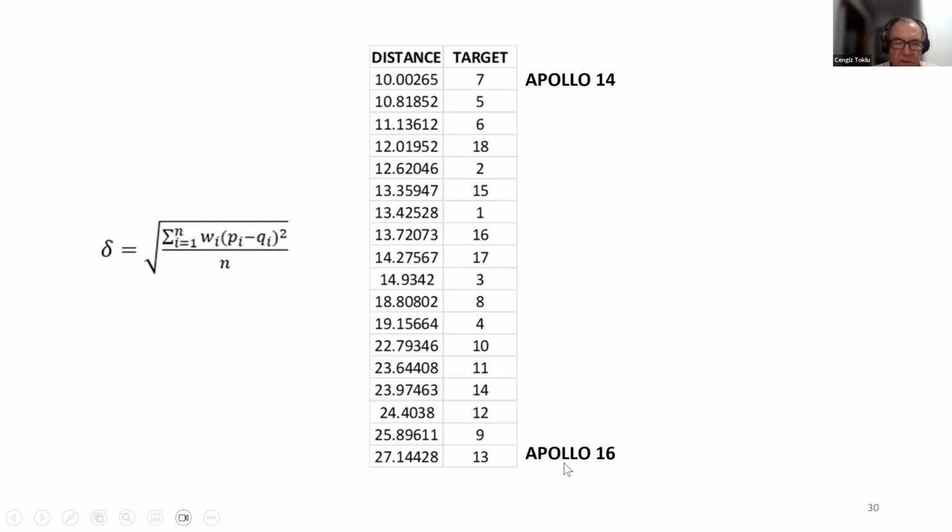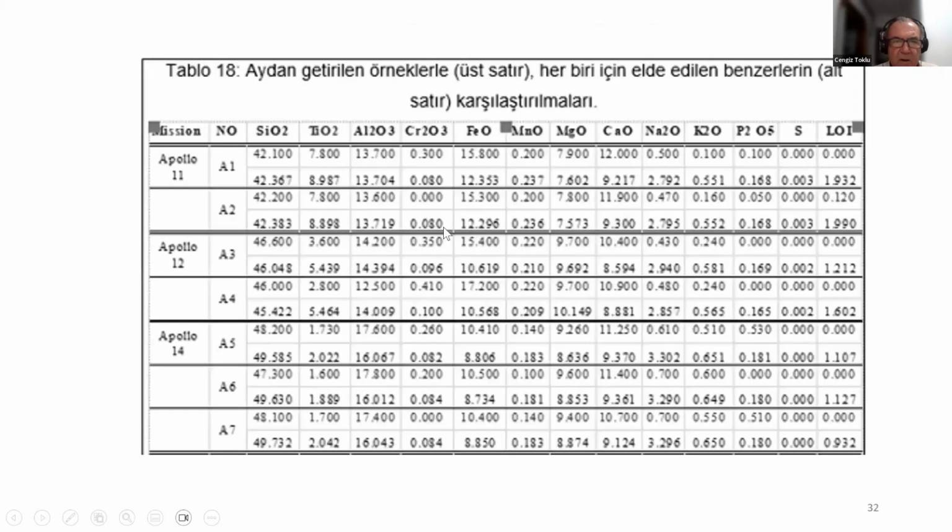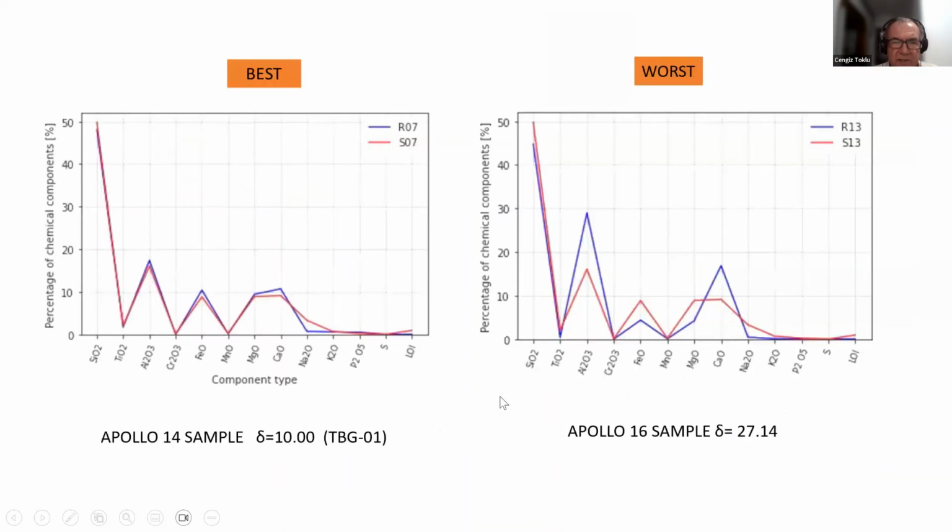For the worst one, the distance was 20.14. Very different. You can see the best and the worst results. Here, this is the best result corresponding to an Apollo 14 sample with distance 10, and this is the worst one, which is with a distance measure of 27.14.